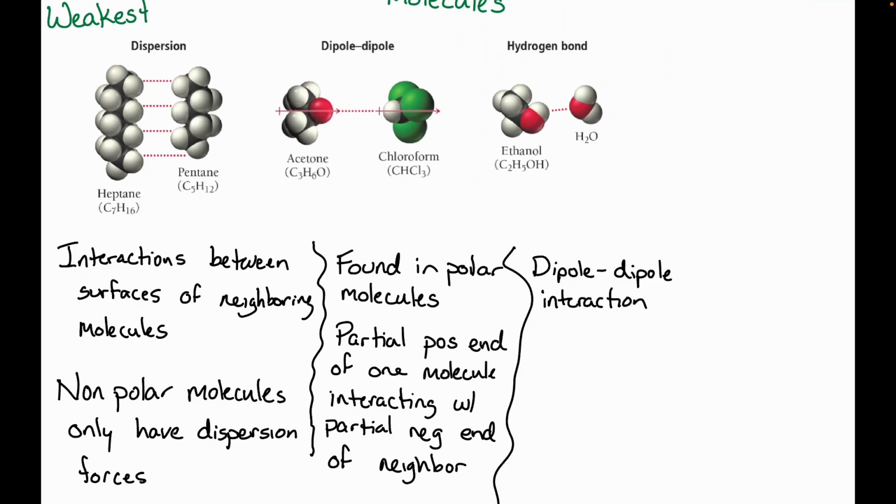But specifically, those molecules must contain one of three bonds: oxygen-hydrogen, nitrogen-hydrogen, or fluorine-hydrogen. All those very electronegative elements paired with hydrogen. These are the only three types of bonds that can engage in that next level up strength of dipole-dipole interaction, which we give its own special name, hydrogen bonding.